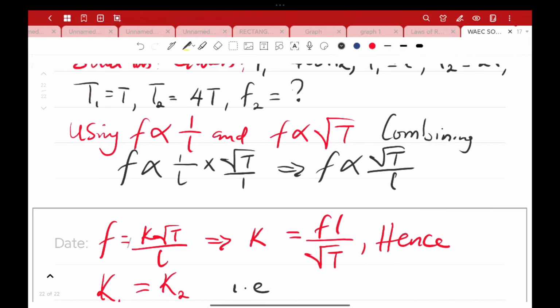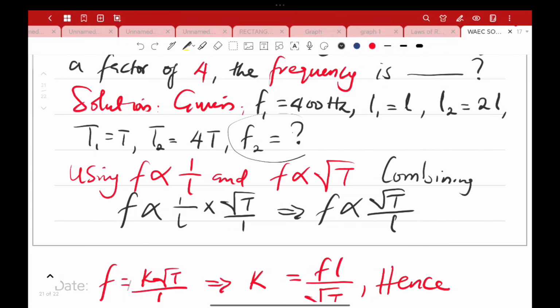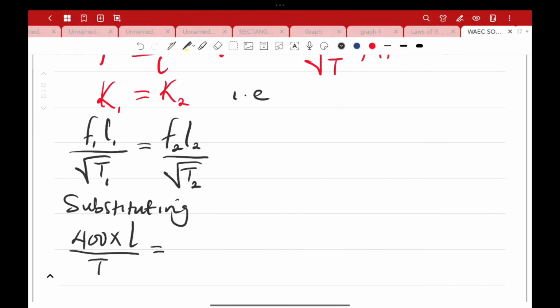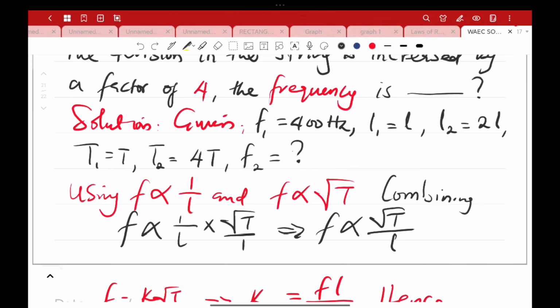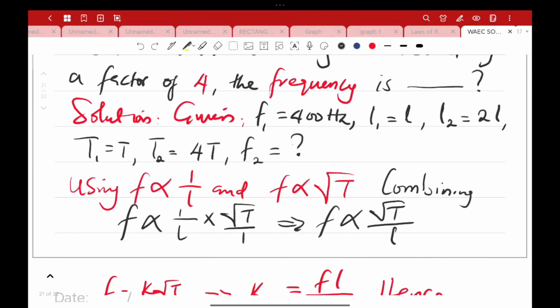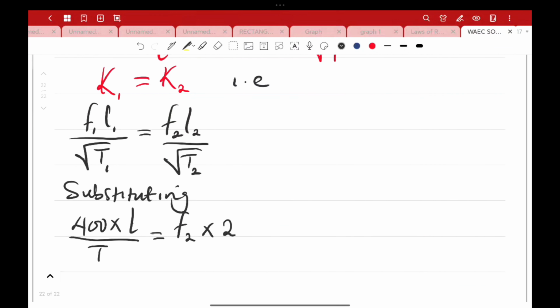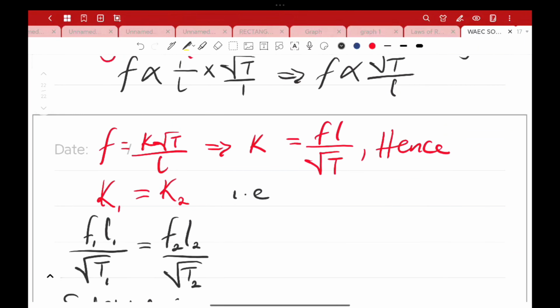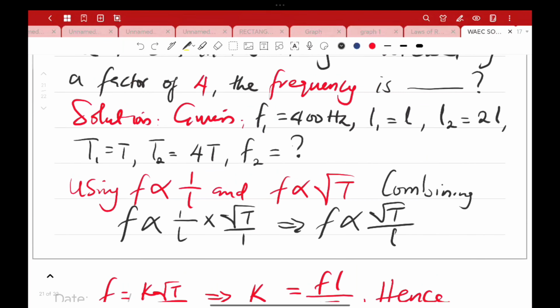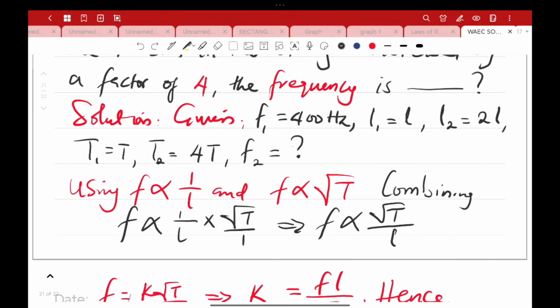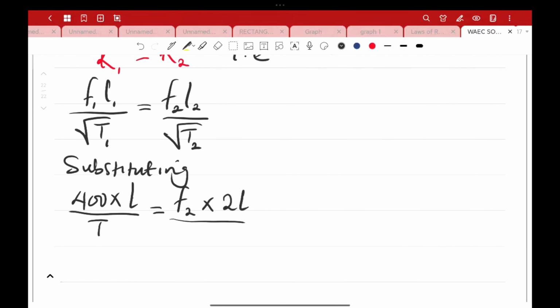Then F2 is unknown, so write that as F2, multiplied by our L2, which is 2L, all divided by what is our T2? 4T. So we're going to substitute 4T for T. So square root of 4T. Is that clear?